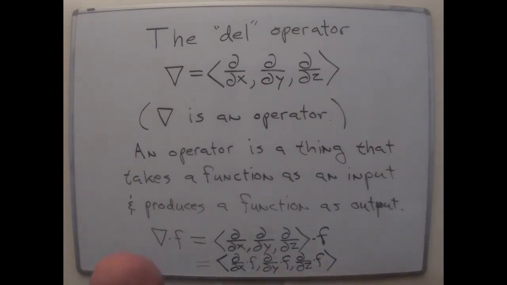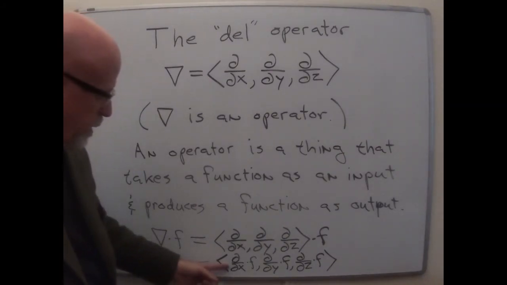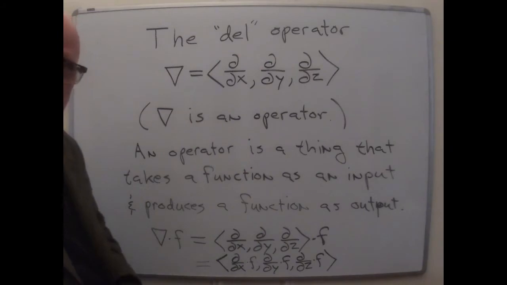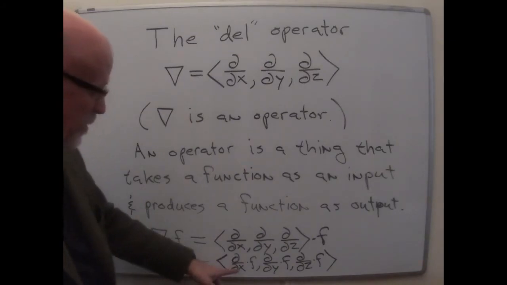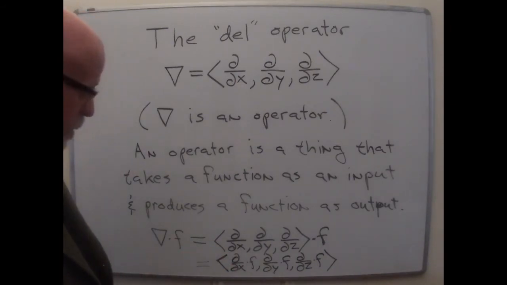And now we just have to face up to what it means to multiply an operation like taking the derivative with respect to x and a function. Multiplying means do the operation. That's what it means. While it looks like multiplication, you put these two symbols next to each other and you're supposed to differentiate with respect to x, whatever f is.